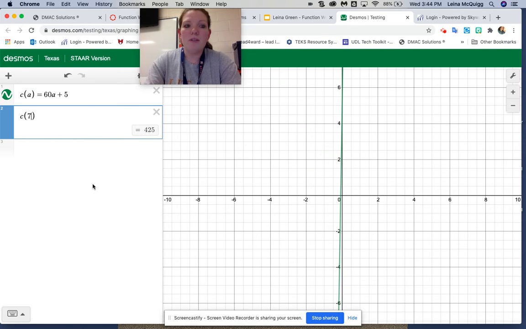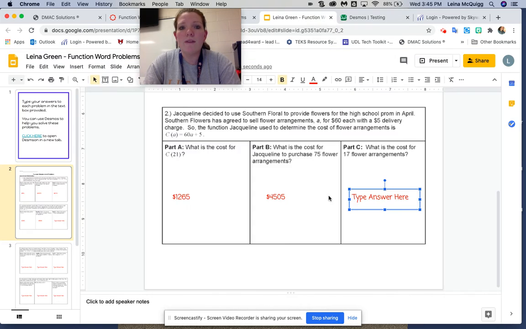So now instead of doing 75, I'm doing 17. And it's doing the math for me, right? It's taking that 17, plugging it in for A, doing 60 times 17 plus 5. We can do these problems in our head, right? We can use our brains to do these. But we can also use Desmos. You're going to use Desmos on the STAR test, so I want you to be really familiar with it, okay? So C of 17, for 17 arrangements, it's going to cost me $1,025.